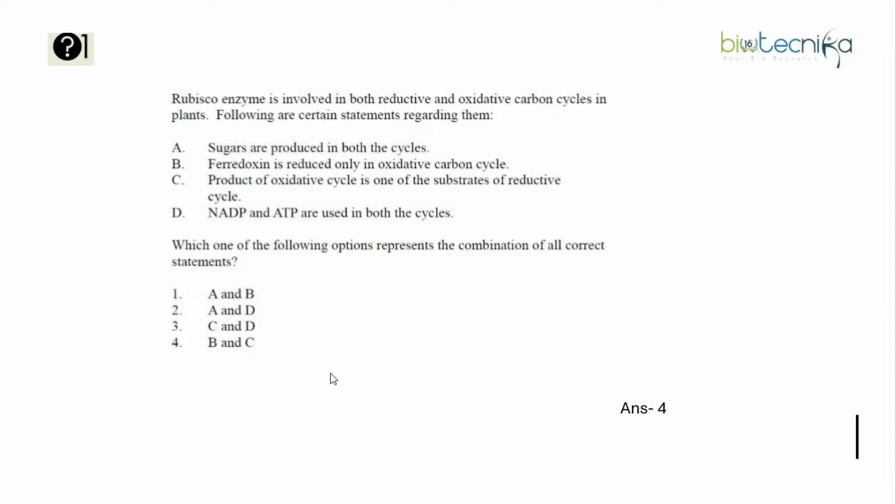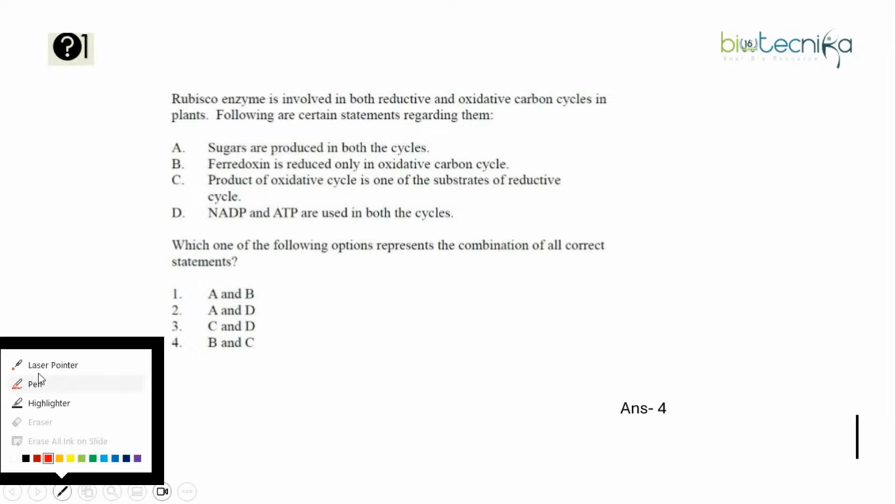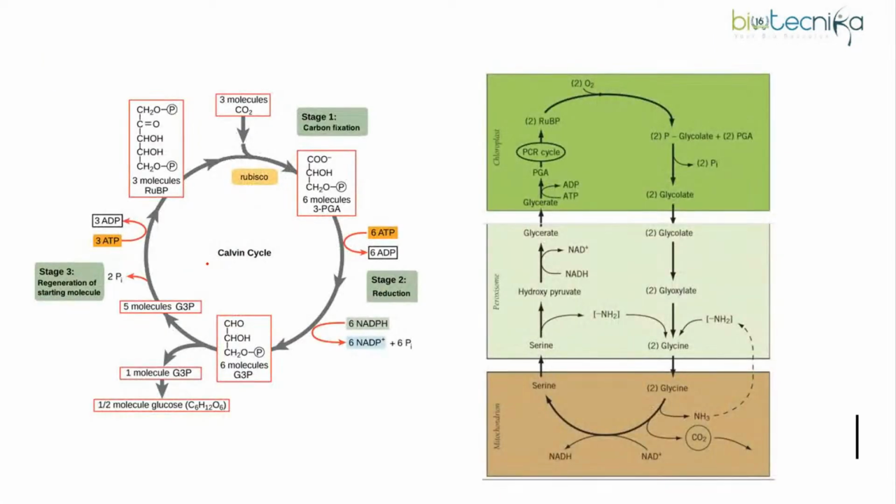So, basically, sugars are produced in C3 as well as the C2 cycle. C3 is known as your reductive carbon cycle, right? In C3, sugar is produced from glyceraldehyde 3 phosphate; from glyceraldehyde 3 phosphate, we get the sugar which is glucose.